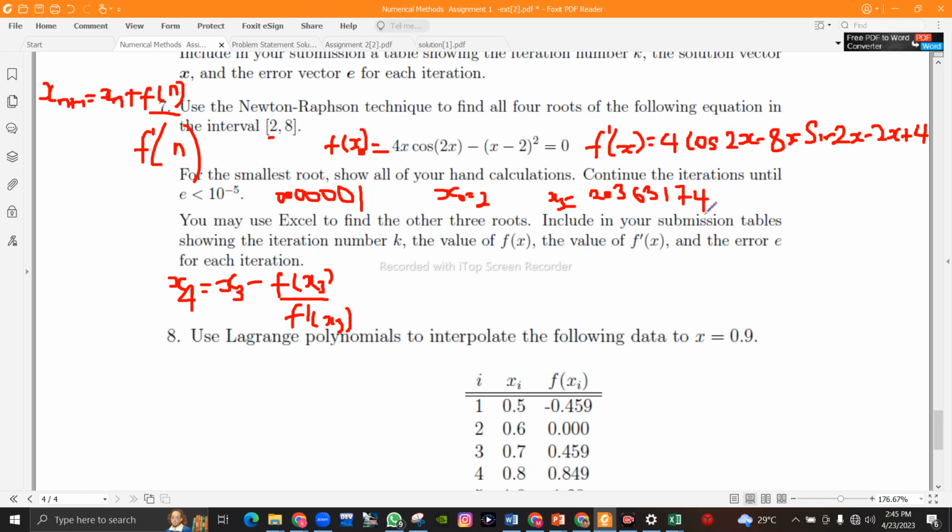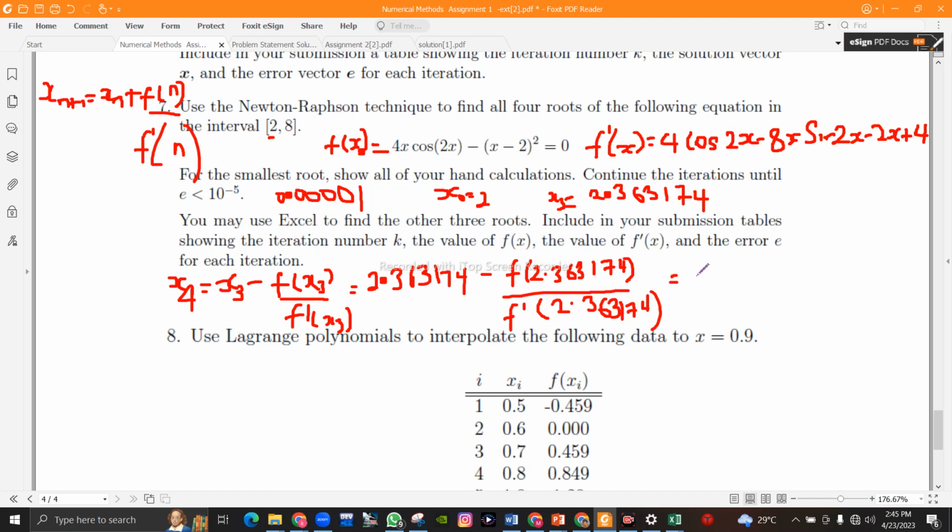So this is our new value for x3, so that we're going to use 2.363174 minus f of 2.363174 divided by f prime of 2.363174. So let's press this in the calculator, and I hope I won't make a mistake this time.